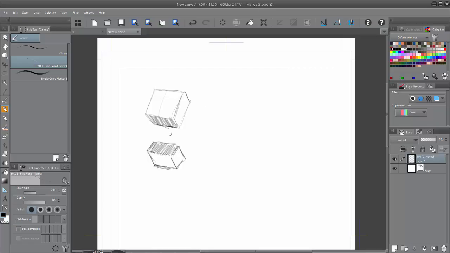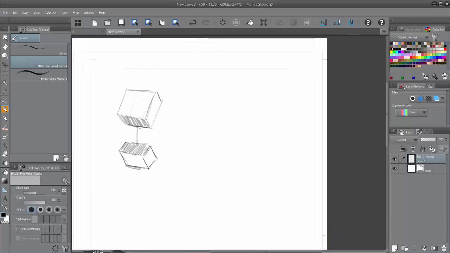Okay, so from the side view, this is going to look like this. And this is obviously exaggerated a fair amount, but you get the idea.